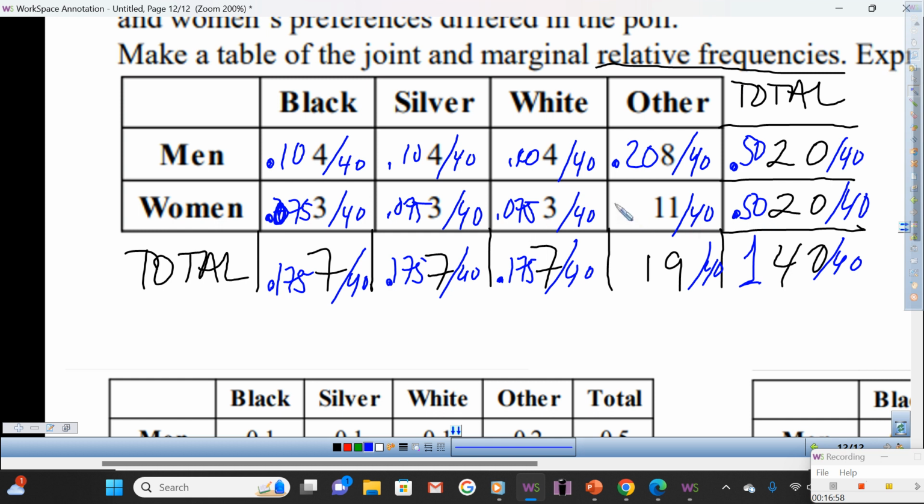So this would be 0.2075. And then we got 1.75, 1.75, 1.75, that's 52.5, so this is 0.4075. There are the numbers.